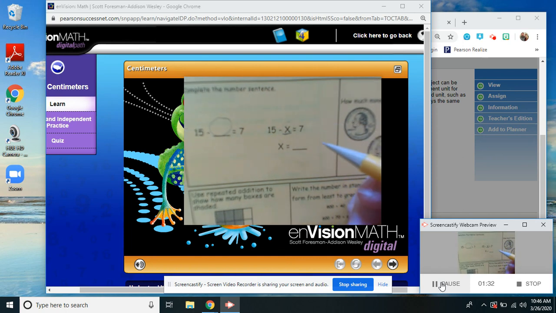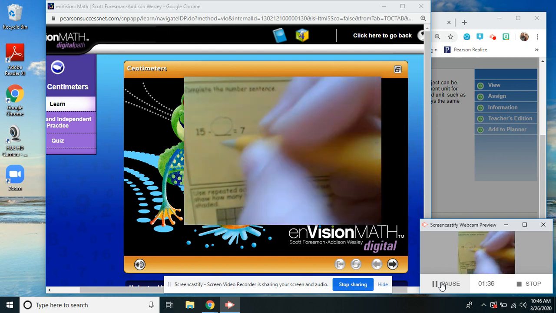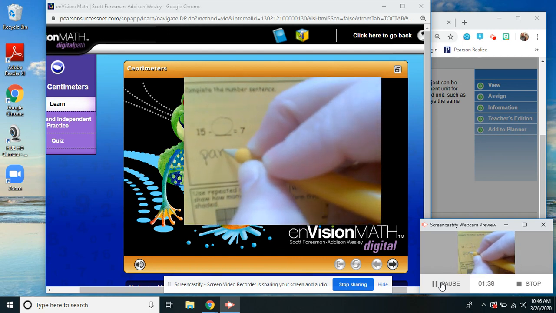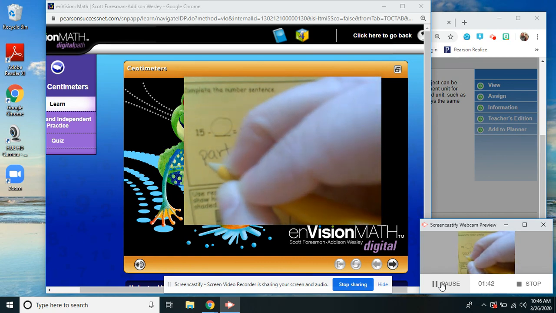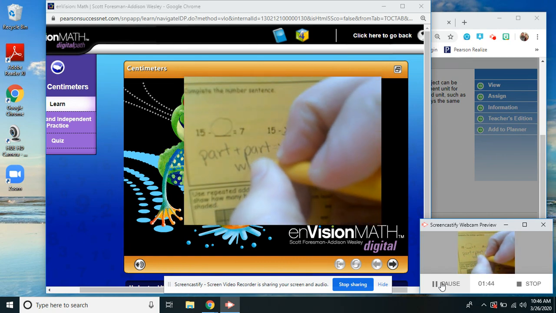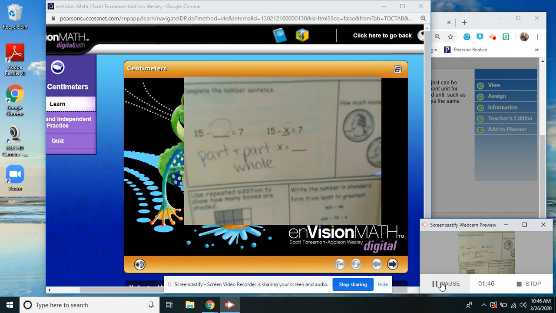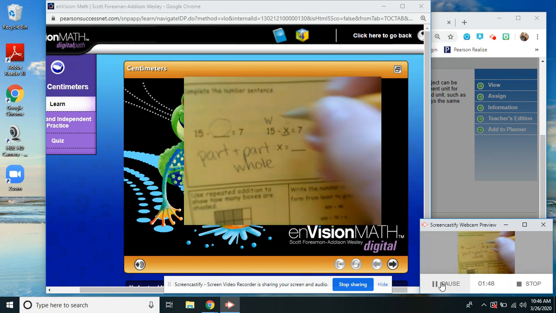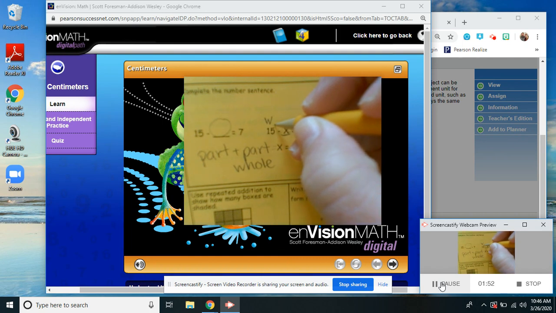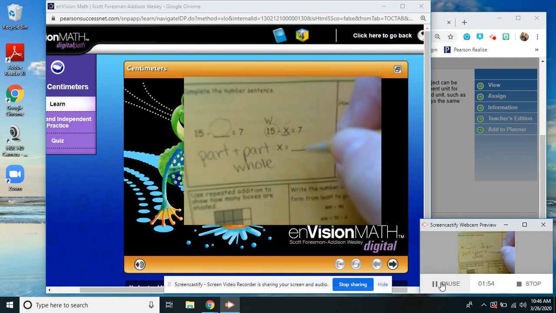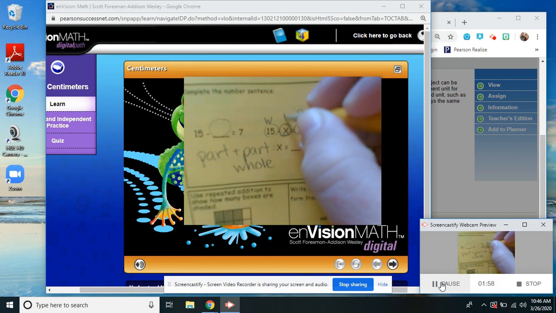So in order to find that out, we know that a part plus a part equals a whole. We know that 15 is our whole. It is our largest number. That is what is going to start us off in our subtraction sentence. And we know that 7 is a part and x is a part.